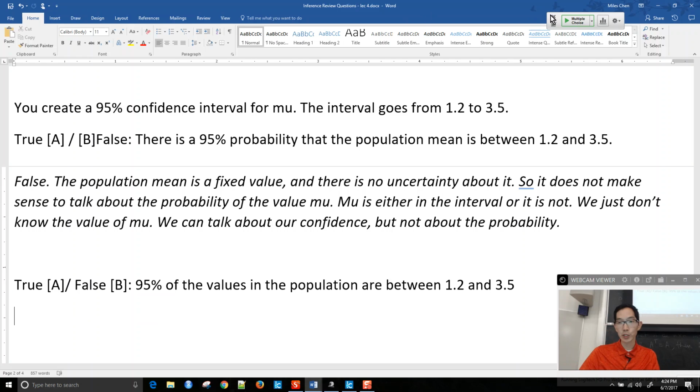Okay, what about this question? True or false, 95% of the values in the population are between 1.2 and 3.5. Our 95% confidence interval goes from 1.2 to 3.5, and now the question is whether 95% of the values in the population are between 1.2 and 3.5.